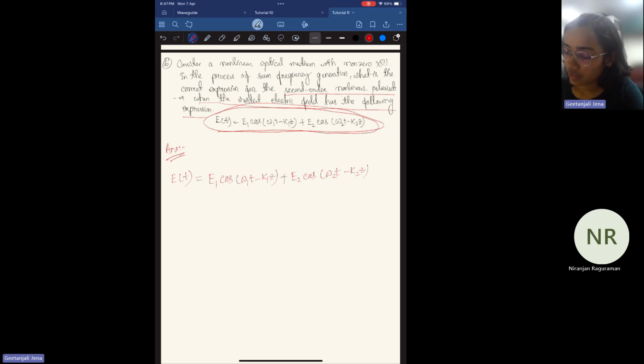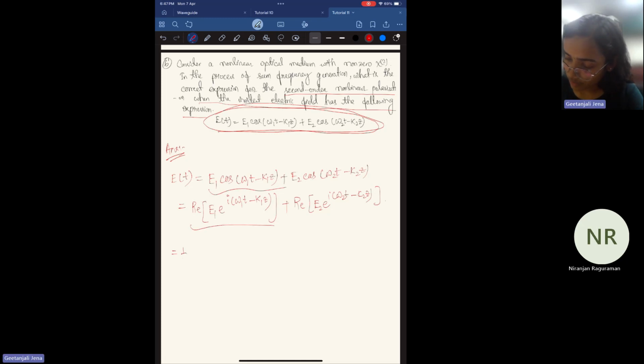As we used to write before, we can express this as the real part of E1 e to the power i(omega1 t minus k1 z) plus the real part of E2 e to the power i(omega2 t minus k2 z).